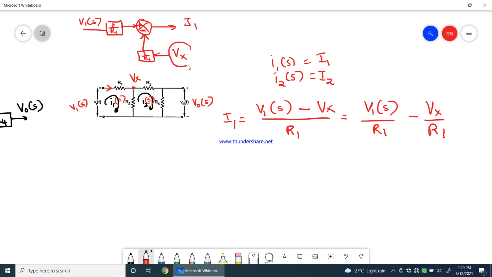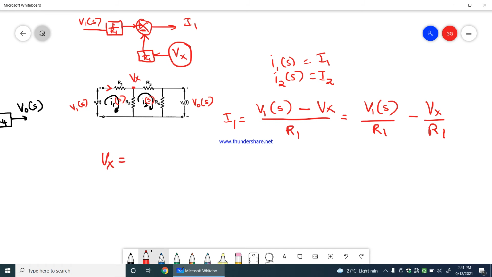Now I need this Vx to be joined, right? I need Vx to be connected to this block to make that block complete. You can't leave any terminal open, input and output. In between any input and output, the block diagram should not be open. You can't leave any connection open. That is what you should keep in mind. So I need an equation for Vx.